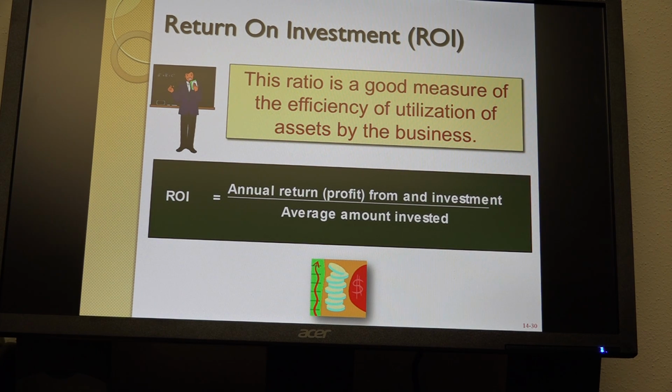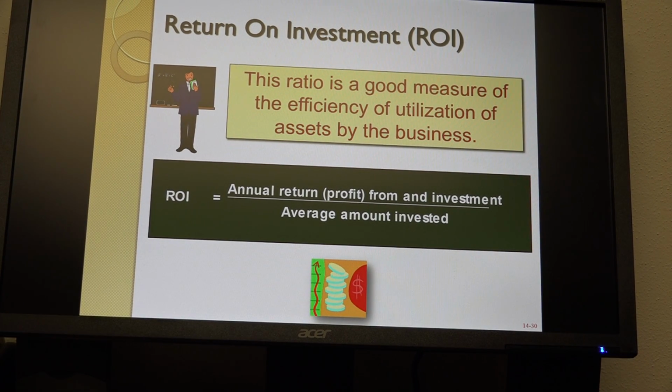Now, in the book, you've got return on investment and return on assets, and it took me about 5 minutes to figure out what is going on here. But basically, these are the same ratios. Return on investment and return on assets are exactly the same.